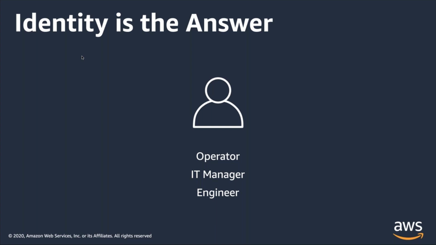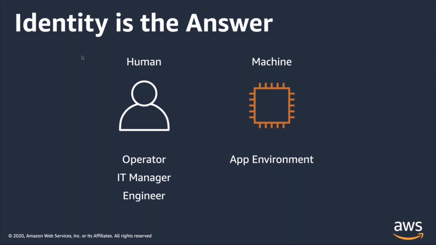But there's another class of user as well that includes machines, like an app environment. Maybe a resource in my front end needs access to this particular resource. If a front-end resource is requesting something that's unexpected, that could be a good opportunity to trip some kind of alert or alarm. It could be a server function. So I could have a server that spins up every once in a while to perform some particular action, like making a backup or processing data in a particular way.